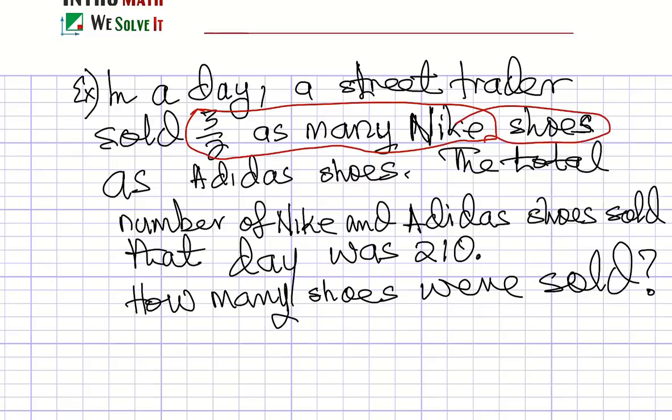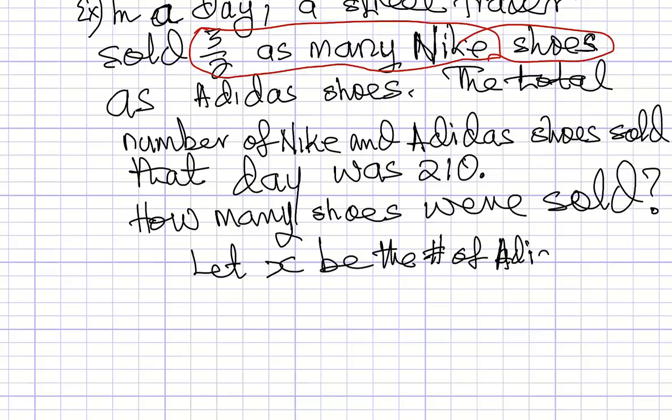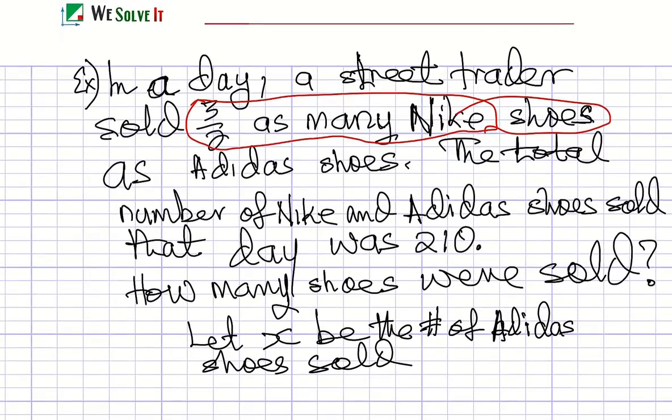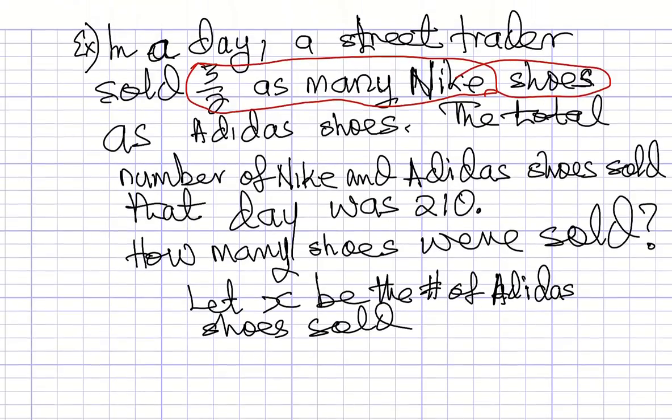Because that is given, we'll say let x be the number of Adidas shoes. Because of the way the problem was stated, it says 3/2 as many Nike as Adidas shoes were sold that day.